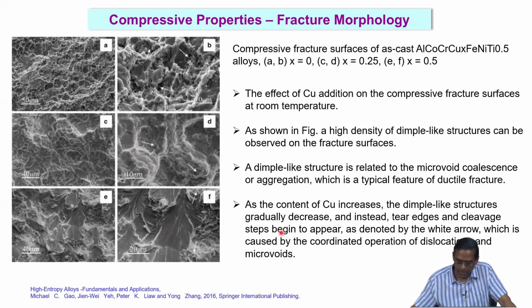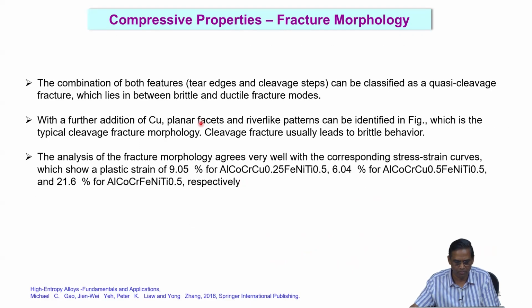and these features begin to appear as denoted by the white arrows here. Okay. So, this is caused by the coordinated operation of dislocations and micro-voids. So, this is one idea about these compressive properties.